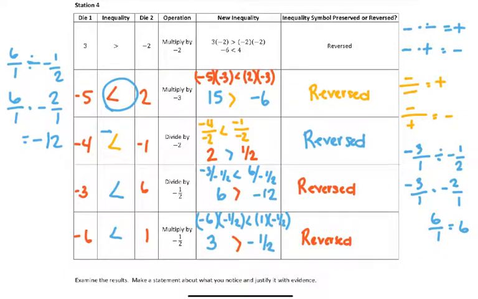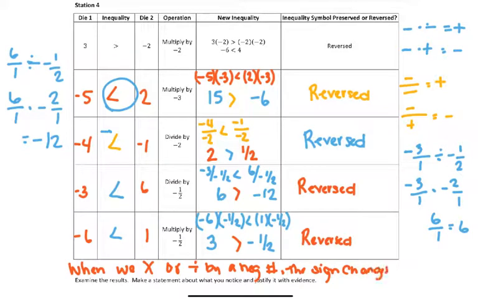It is reversed. So we're going to say when we multiply or divide by a negative number, the sign changes. And remember that when the sign changes, we call it reversed.